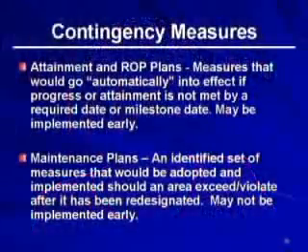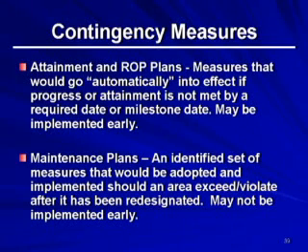With regard to an attainment demonstration plan or a rate of progress plan, the contingency measures are measures that would automatically go into effect if progress or attainment is not met by a required date or by a required milestone date. Basically, these are additional reduction measures of the criteria pollutant or its precursors, such that you have additional reductions beyond what you deemed necessary for attainment and rate of progress.